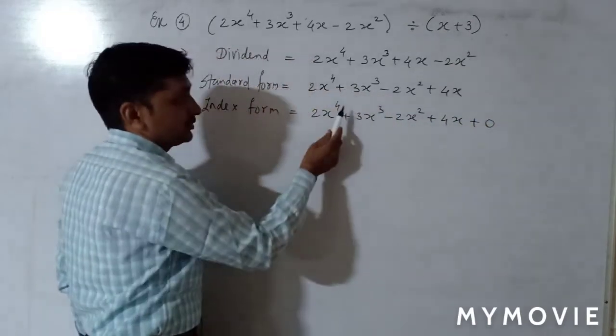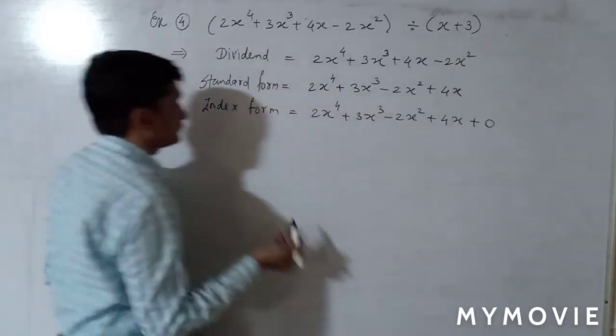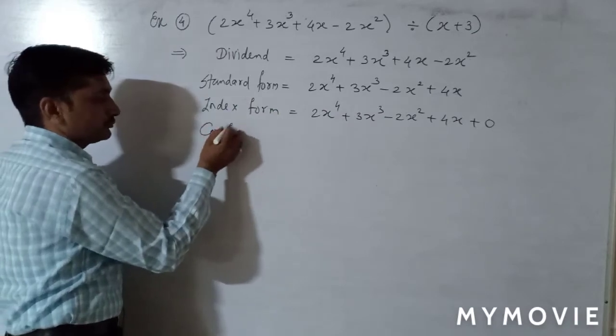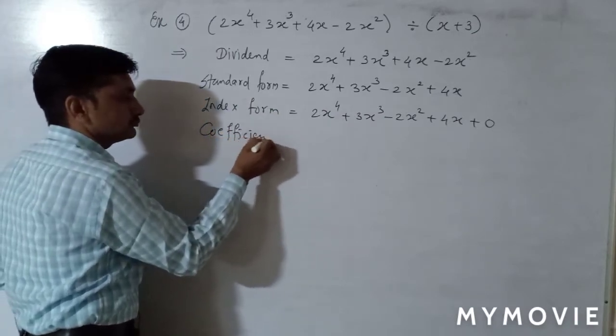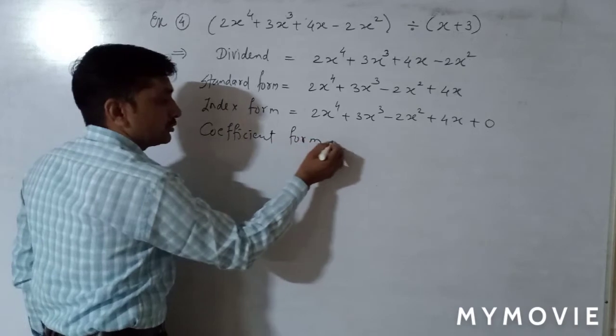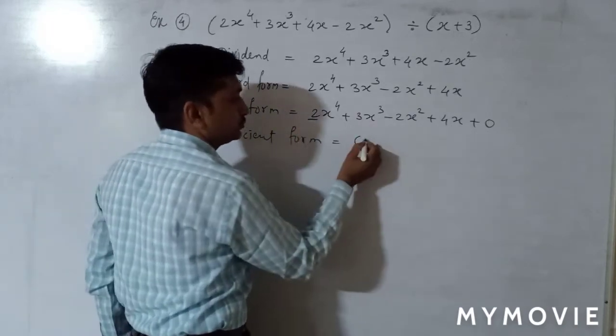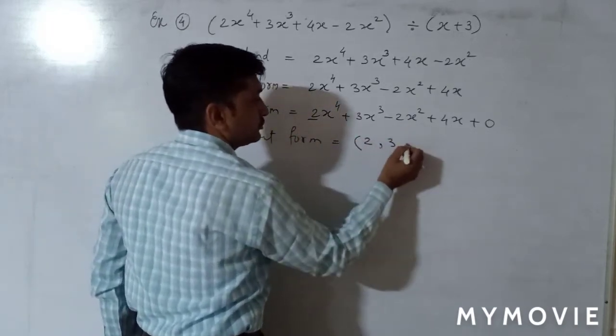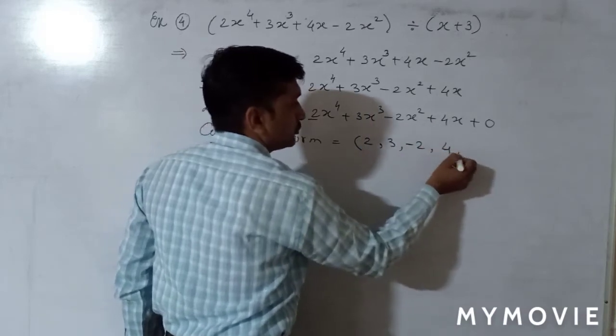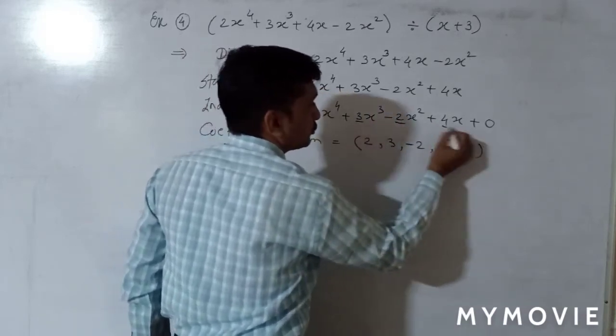Now it completes 4, 3, 2, 1, 0. Now coefficient form: write all coefficients here, 2, 3, minus 2, 4, 0. See, these are all the coefficients we wrote.